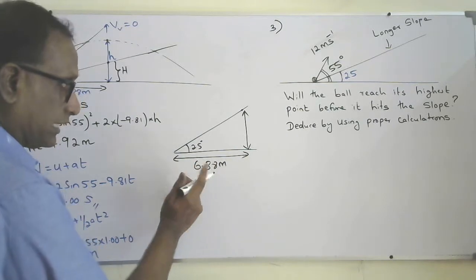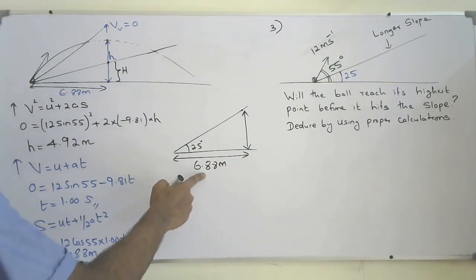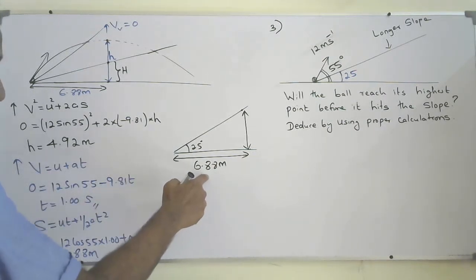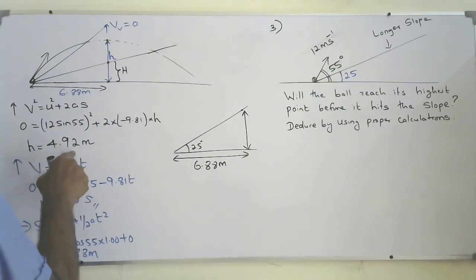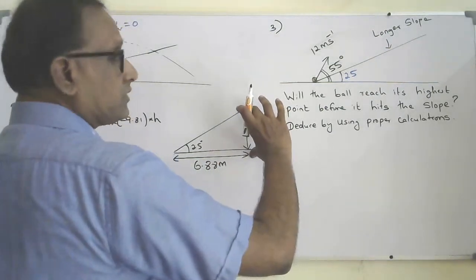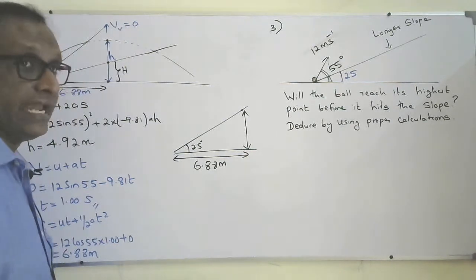I know when the ball completes a horizontal displacement of 6.88 meters, the ball's vertical displacement is 4.92 meters. I'm going to find the height of the slope when the horizontal length is 6.88 meters.